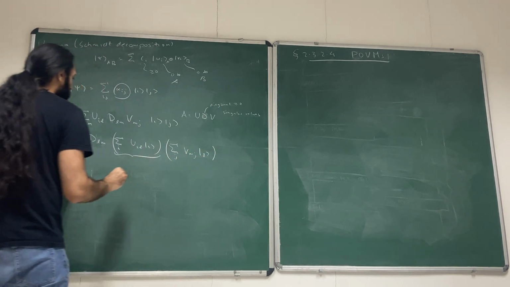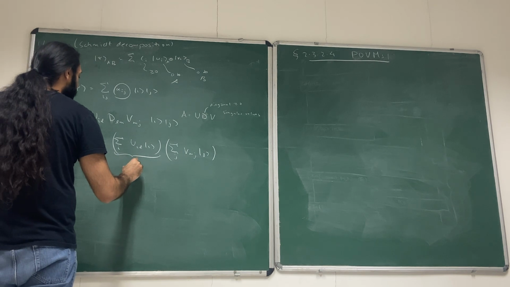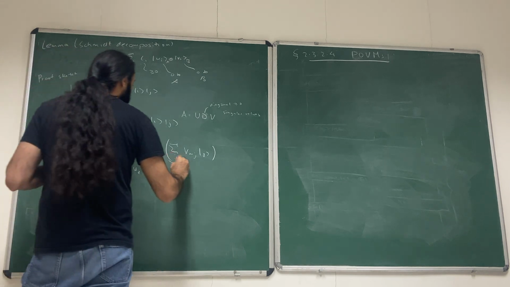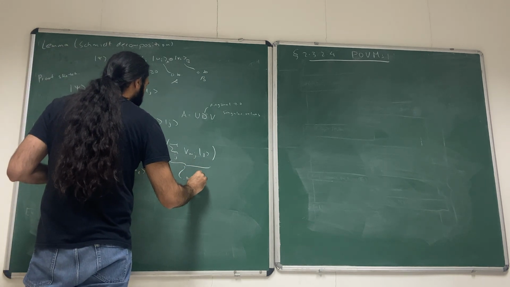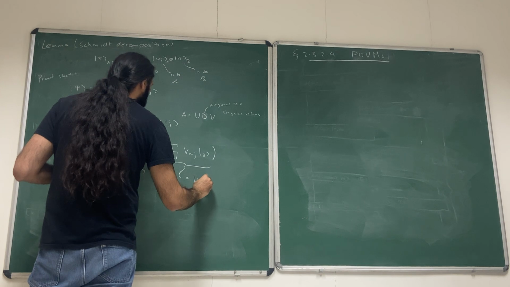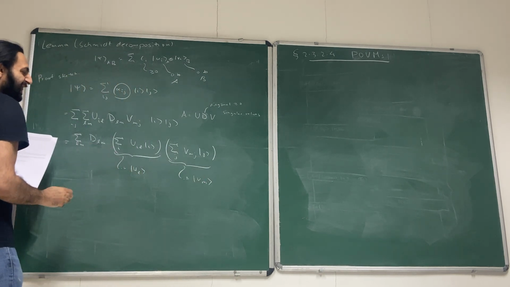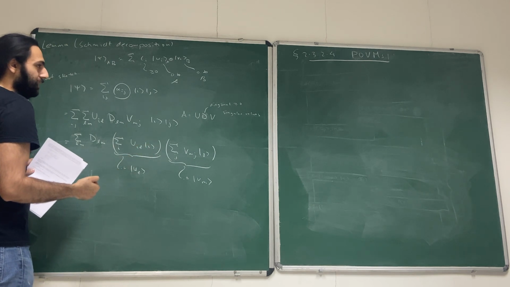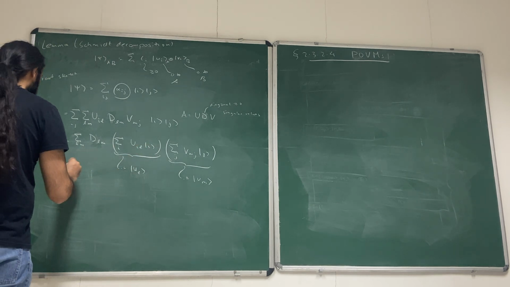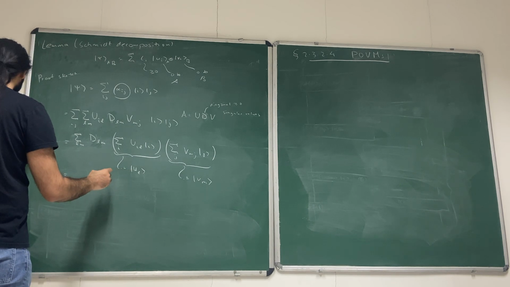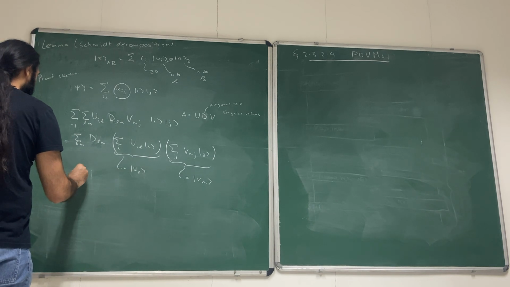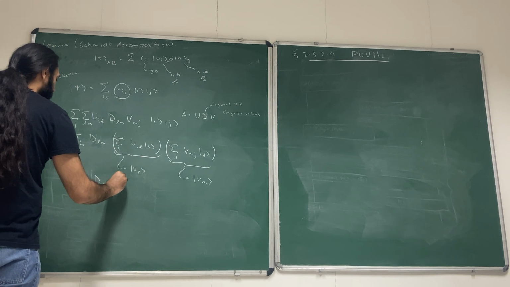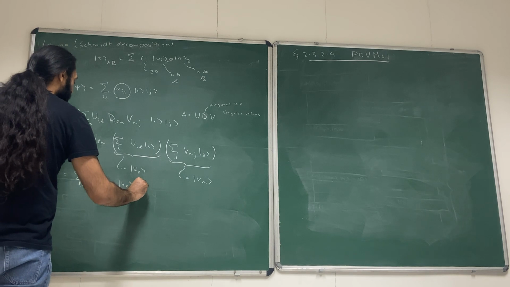This first thing one can call u_l, and this second thing one can call v_m. These are again orthonormal because you're multiplying orthonormal entries, so you get a new basis.